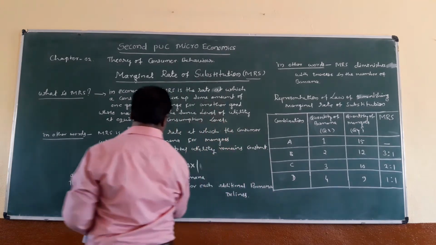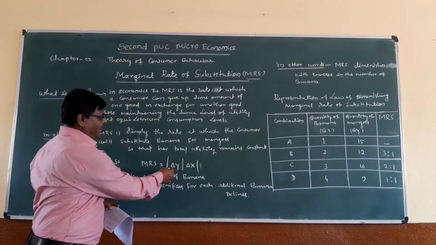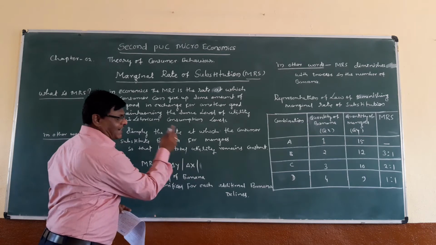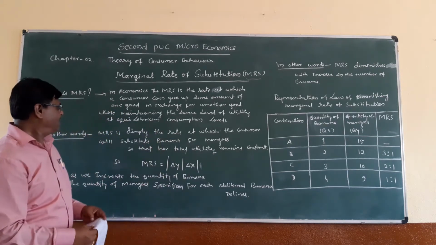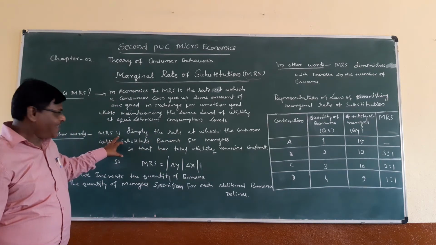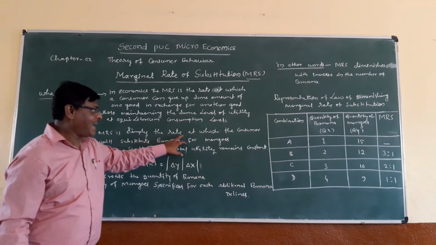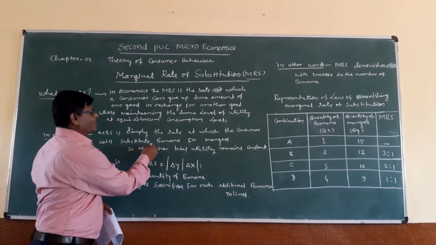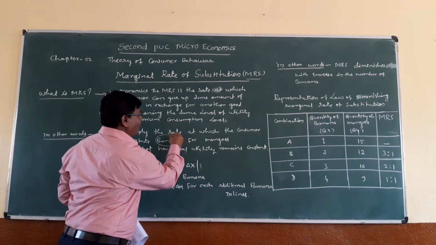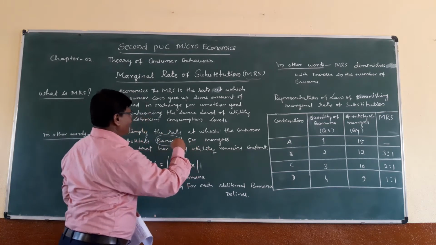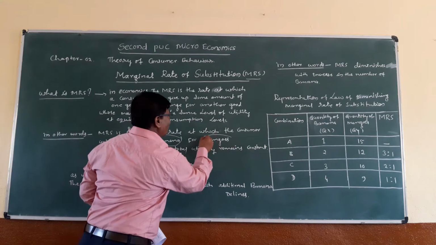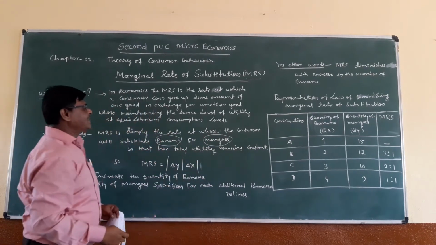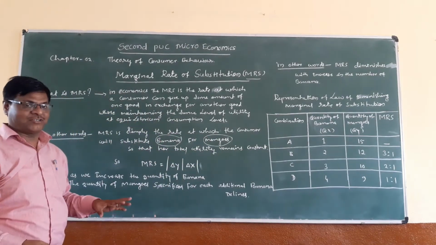So, the MRS is equal to delta y upon delta x. It is simply the rate at which the consumer will exchange bananas for mangoes.